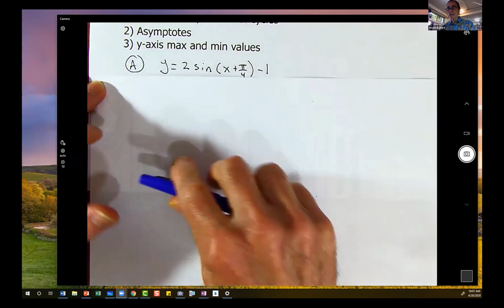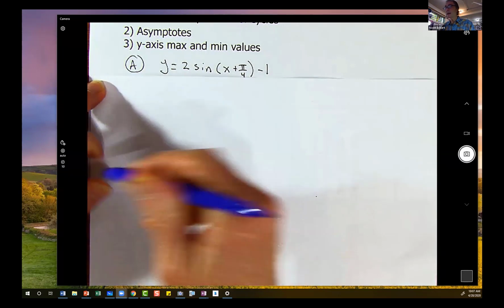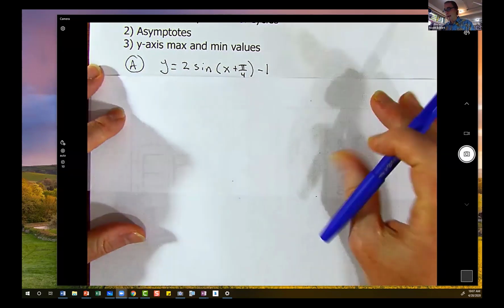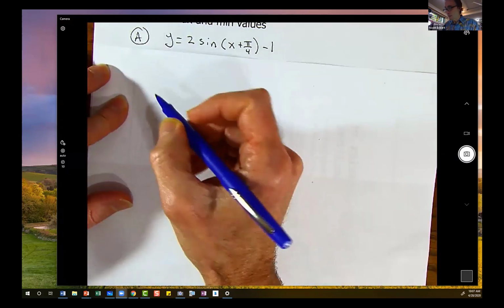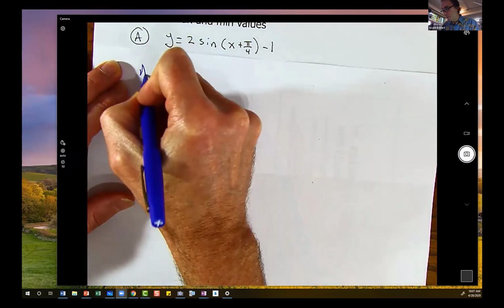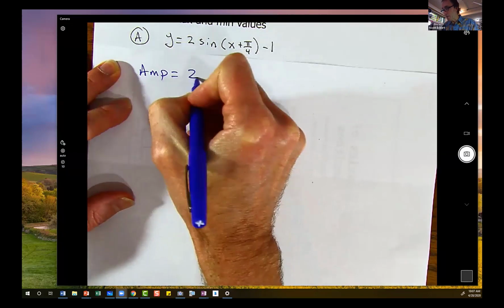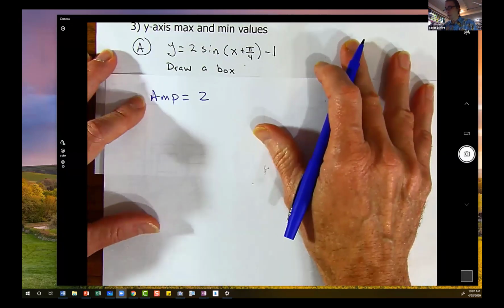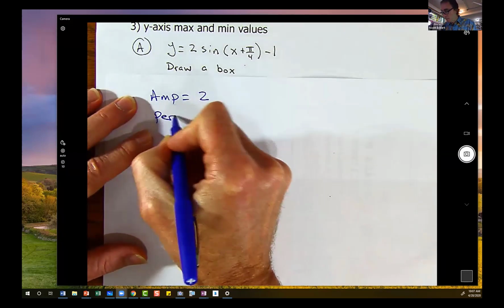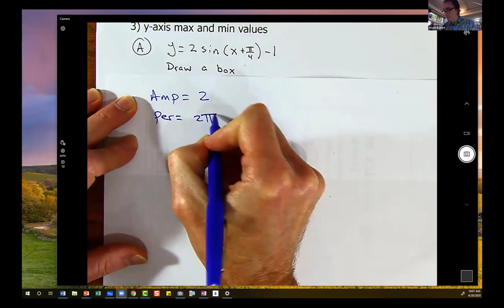Okay, you guys can see my equation, and let's do a fast rundown. Stuff that was pretty straightforward. I didn't see problems out there. You were doing great. Amplitude was 2, and the period was 2 pi.